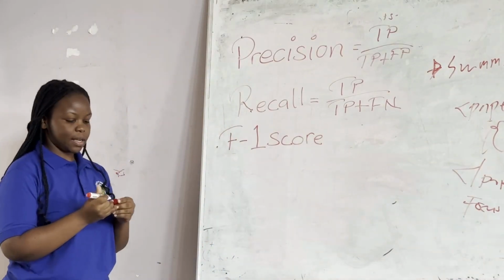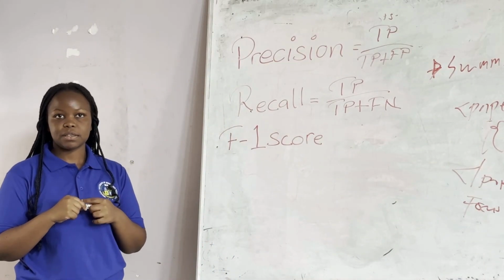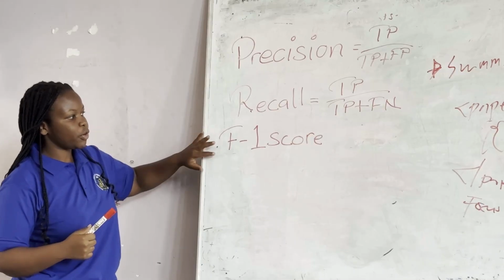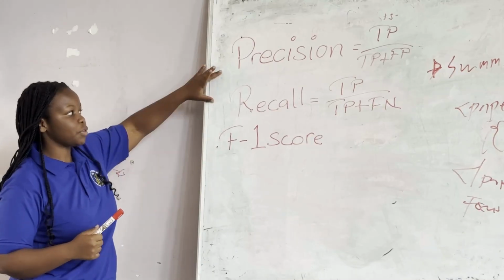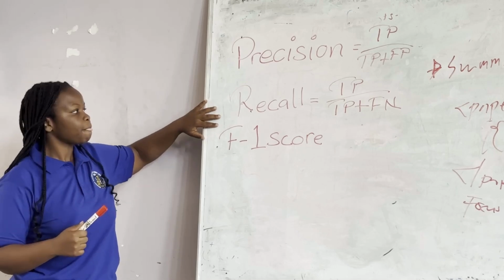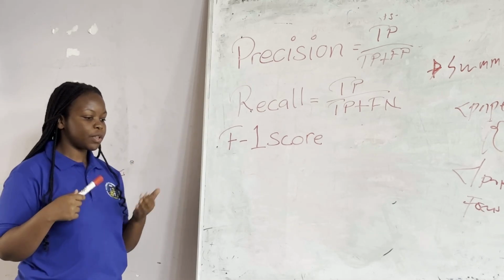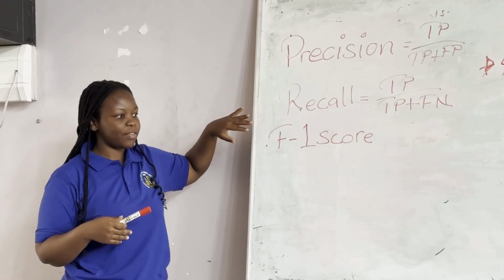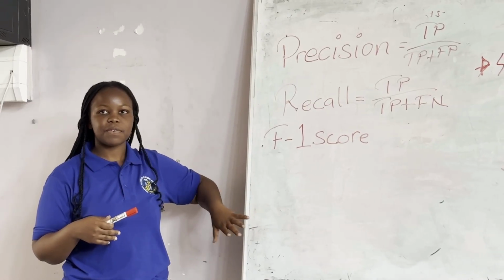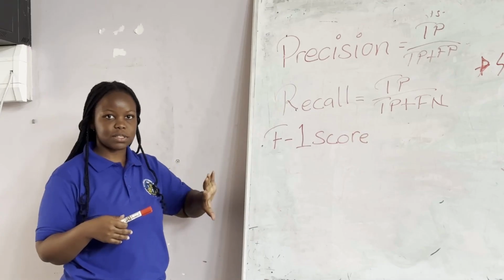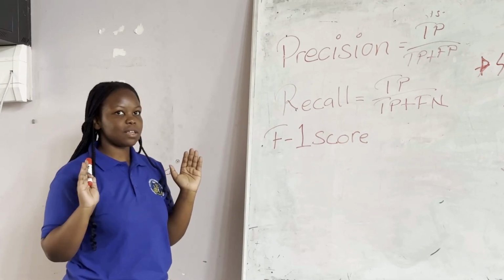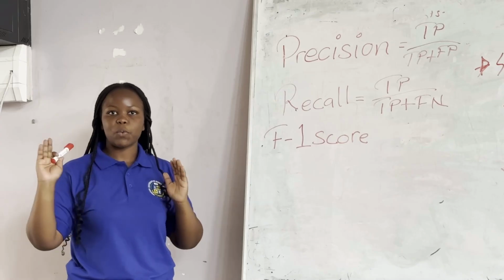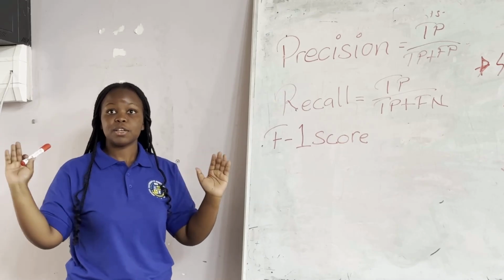So the F1 score is like the harmonic mean. You can have an arithmetic mean and a geometric mean, but the harmonic mean gives you a sort of balance between the precision and the recall. Say we have a classification model classifying cats and dogs, and you had 99 dogs and 1 cat, and it classified everything as dogs.